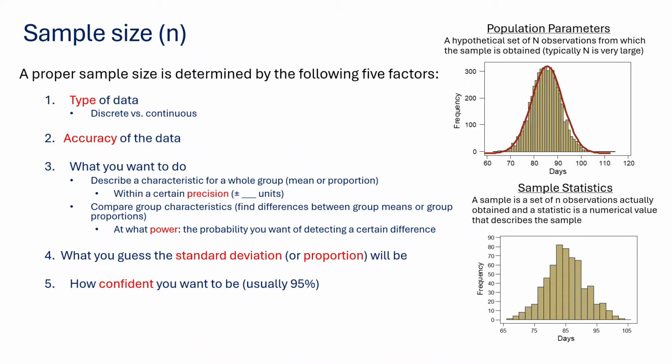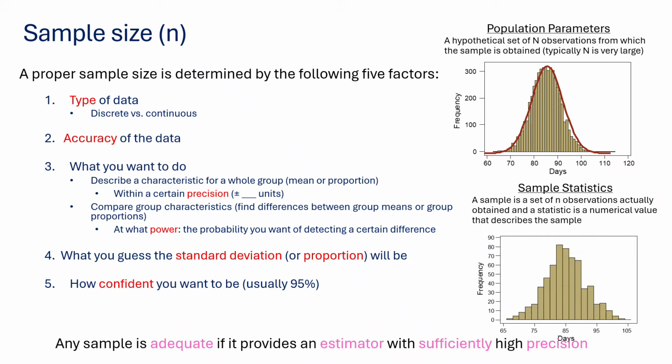For the guesswork, you can always go for range as an estimate for standard deviation, or quartile deviation as an estimate for standard deviation, etc. And finally, the most important part is the confidence level you are using in the calculation. So how confident you want it to be.